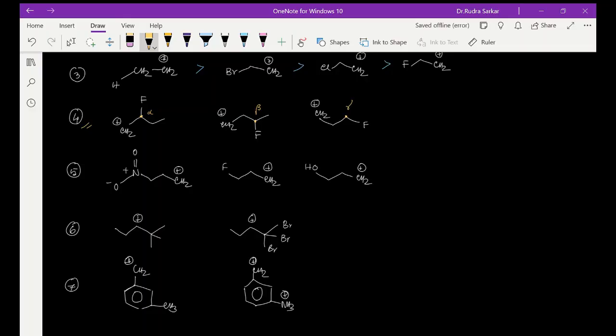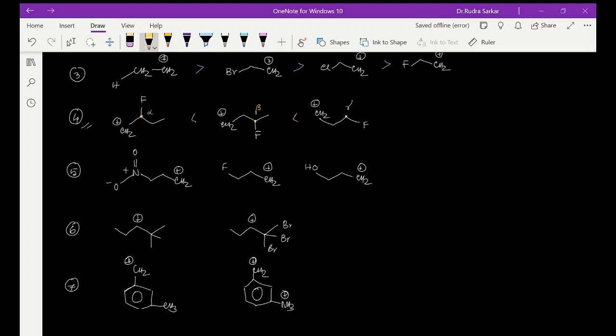Now fluorine is a minus I group. That means it pulls electron density from the carbon. That way, if it is near, then it will be destabilizing more. If it moves far away, it becomes more stable. So that way, this is more stable than the second, and which is more stable than the one.